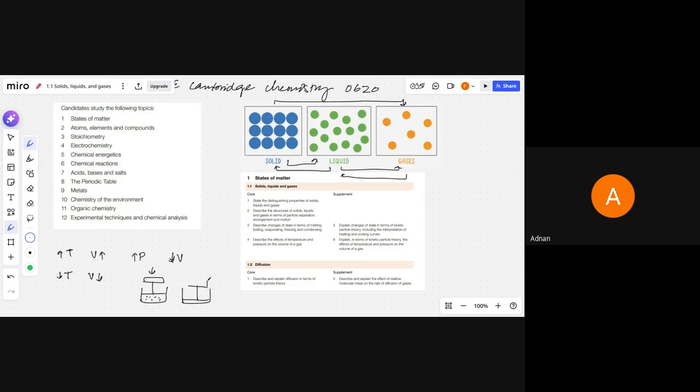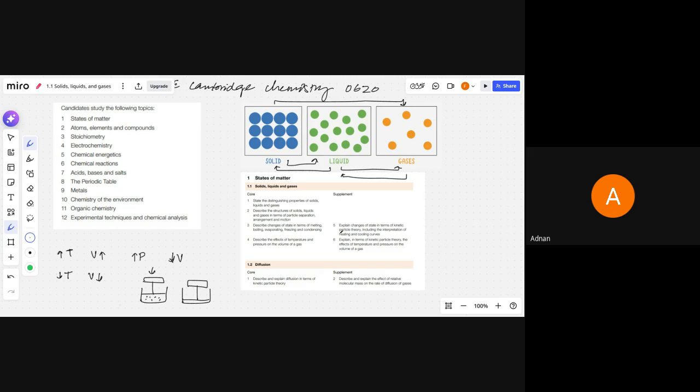So this is an inverse relationship between pressure and volume. And as pressure decreases, the volume of gas will increase. So this is the relationship between temperature, pressure, and volume of a gas.